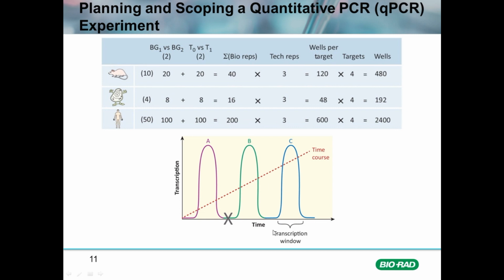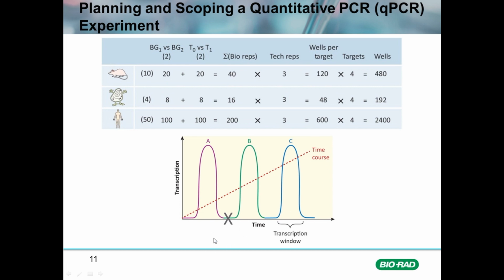So what we're trying to understand from a time course assay is where the transcription window in time is for each individual target, so that logical time points can be chosen to perform the experiment to assure that adequate, reproducible, and high quality data is obtained for each of the individual targets in the experiment.